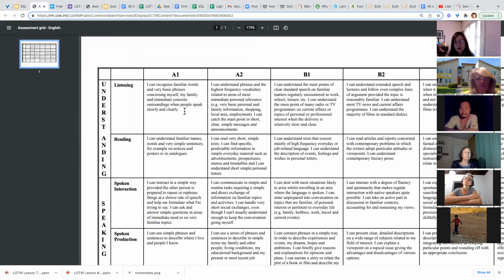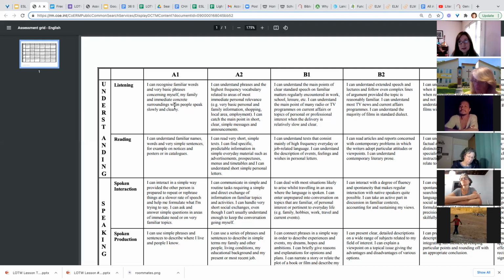So that's our goal. By the end of the A1 level, they should be able to do that. Okay, and that's the listening. So in general, we talk about 4 skills: listening, speaking, reading, and writing.